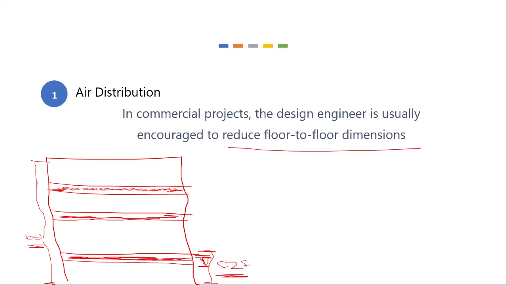And I should mention, why do we want to add another floor? From an economic perspective, I have a piece of land, and my land cost me, or it cost my customer, $1 million.